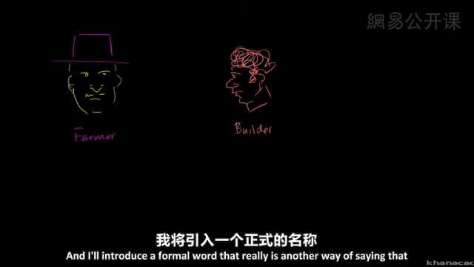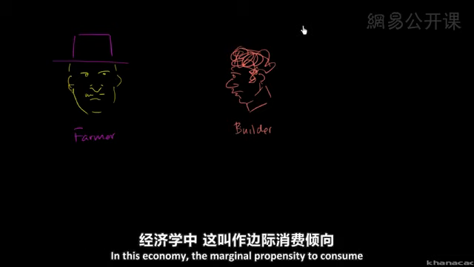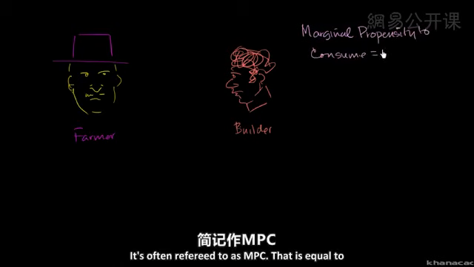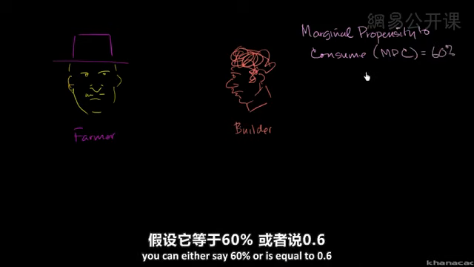And so I'm going to introduce a formal word that really is just another way of saying that. In this economy, the marginal propensity to consume, often referred to as MPC, is equal to 60%, or 0.6.